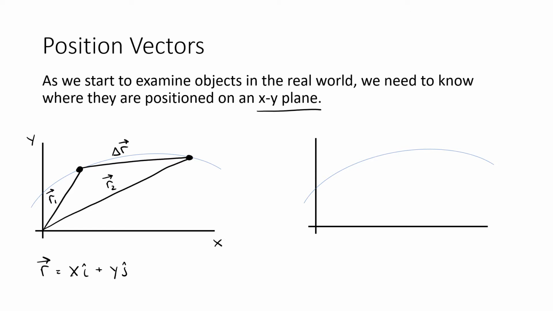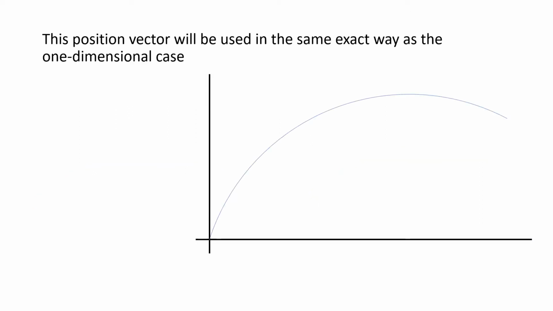So we can use this position vector to show how an object will move. Let's go to the next slide. So I have a bit of a larger picture here. It maybe makes it a little easier to show.